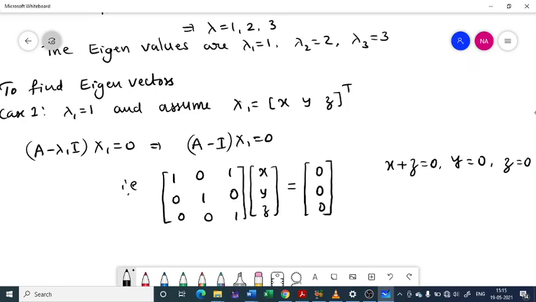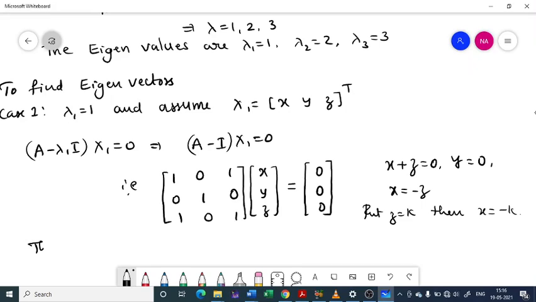Okay, there is a mistake, yes, it is 1 now. So these two equations I'll get. y is fixed, that is 0, and x equal to minus z. Put z equal to k, then x will be minus k.